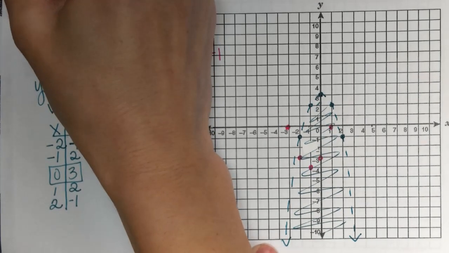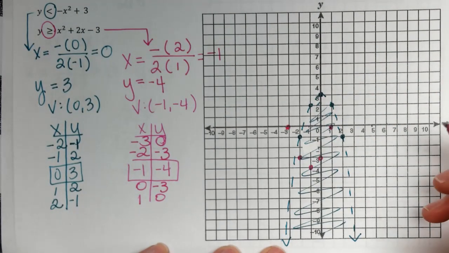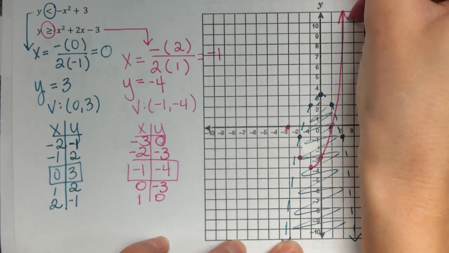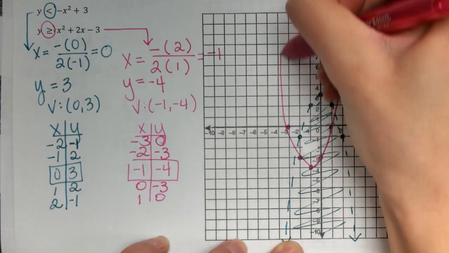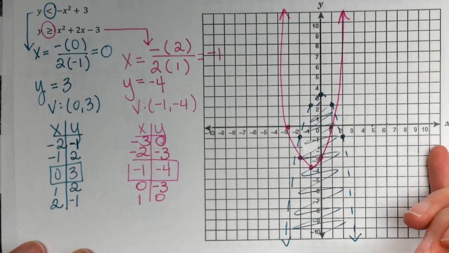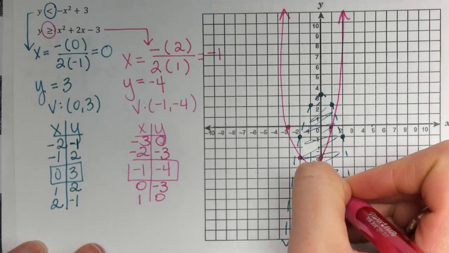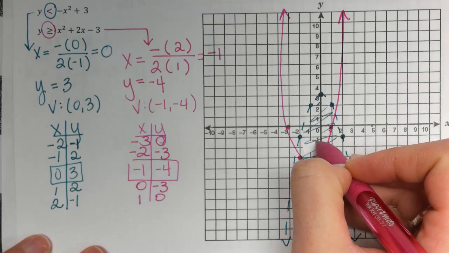Now this time it's greater than or equal to, so I'm going to have a solid boundary. It's greater than, so from my vertex I'm going to shade up.